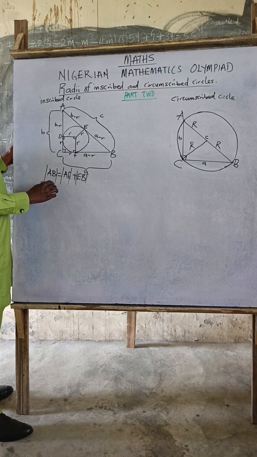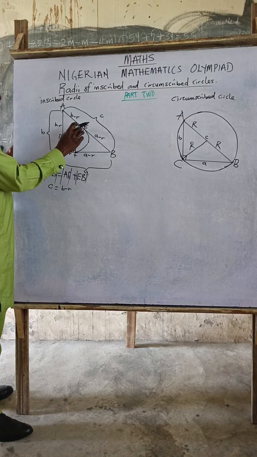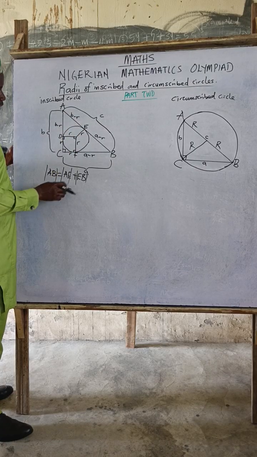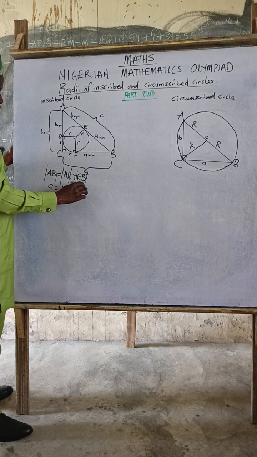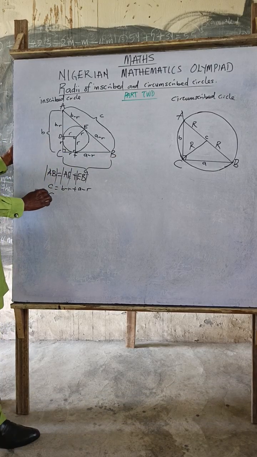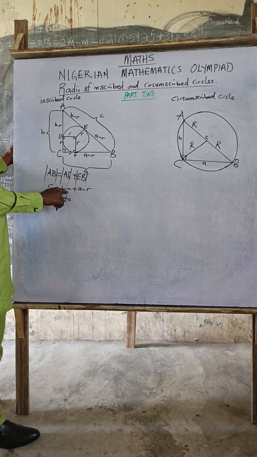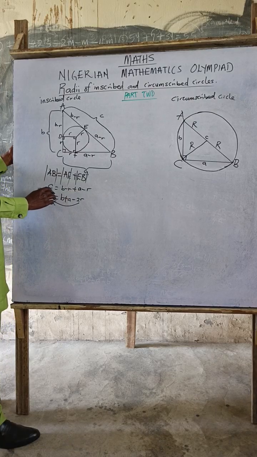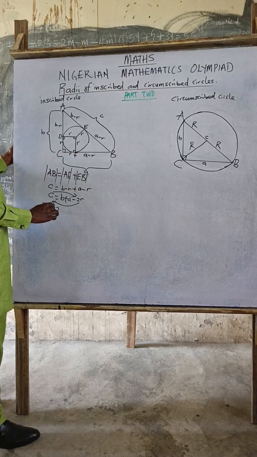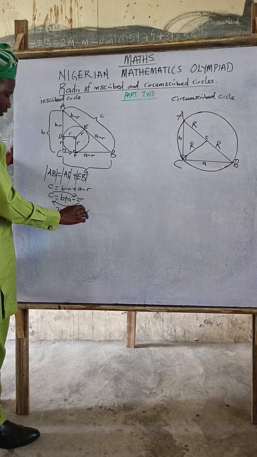AB is said to be C, then AE is B minus R, then EB or BE is A minus R. So we have C equals B plus A. Adding this together, the minus R will be minus 2R. Let's take minus 2R to this side and C to the other side. So we have 2R equals B plus A minus C.